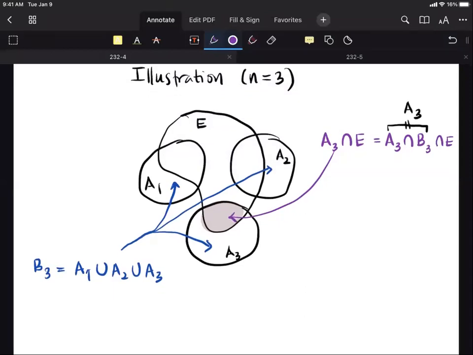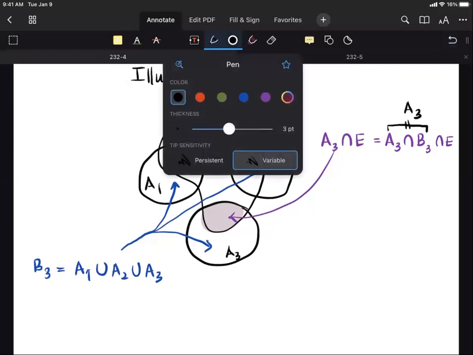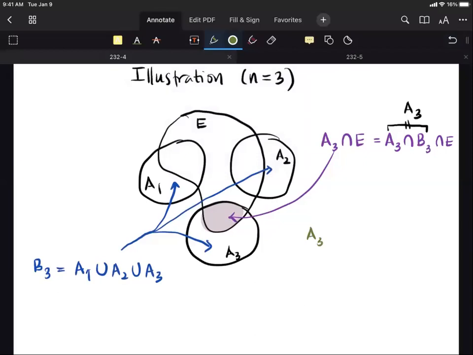Next, let us look at the complement. How about A3 complement intersection B3 intersection E? You can notice that this is simply B2 intersection E, because this part is equal to B2.